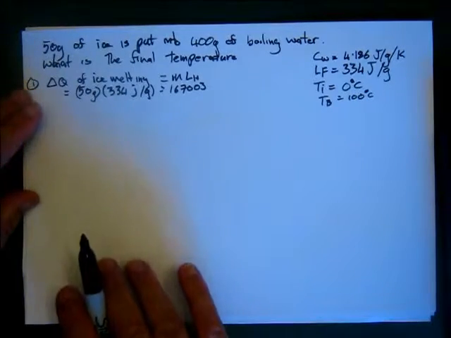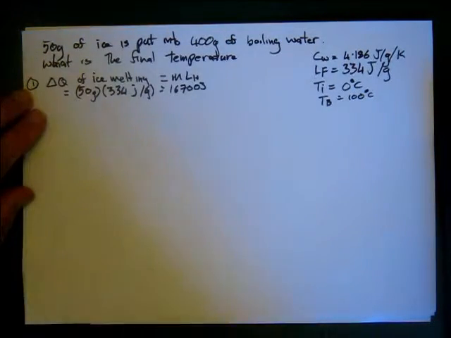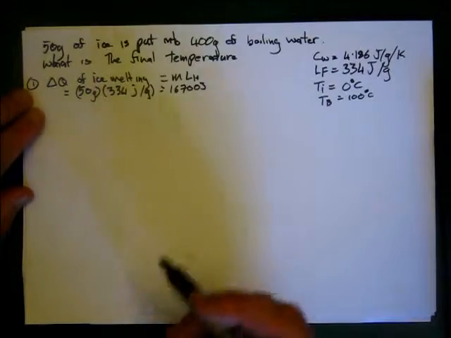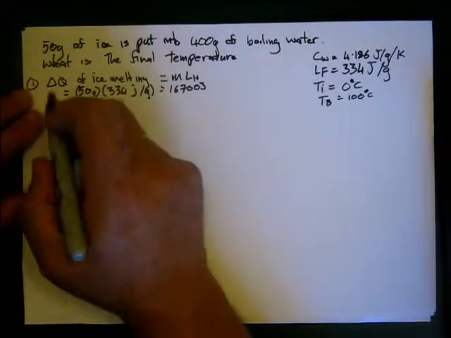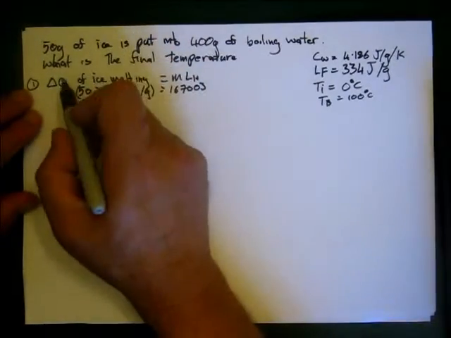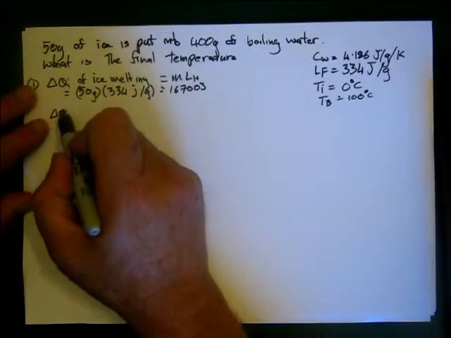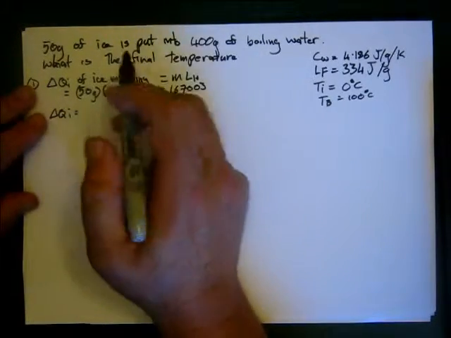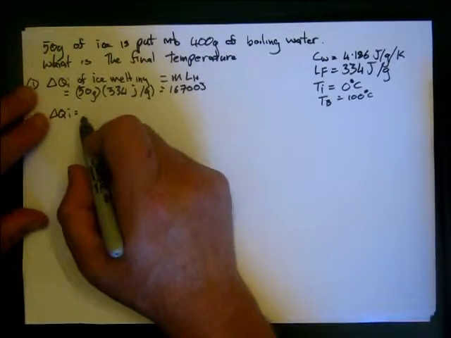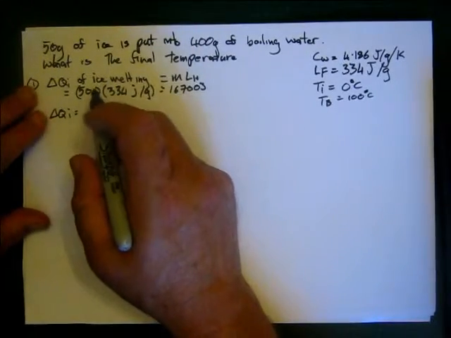So how much does that reduce the temperature of the boiling water? The change in energy of the ice is going to equal the change in energy of the boiling water.